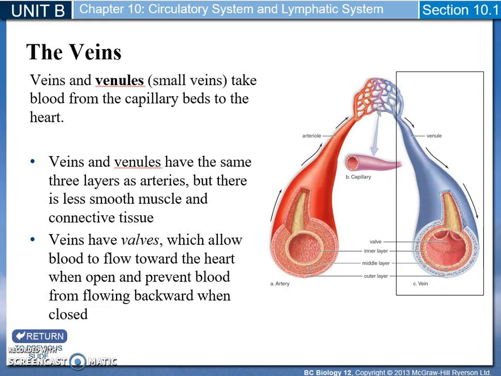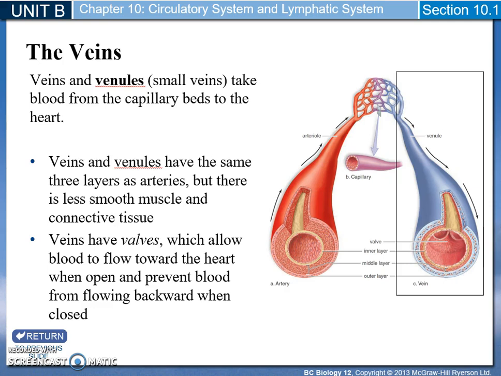As a matter of fact, the veins will easily collapse if blood flow is low. Arteries have a much thicker wall and a much thicker layer of smooth muscle as well, so arteries tend not to collapse.